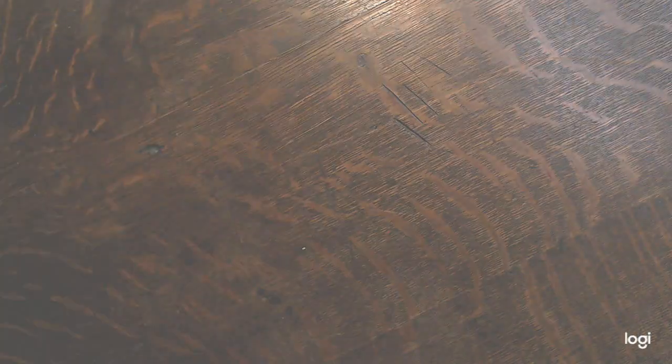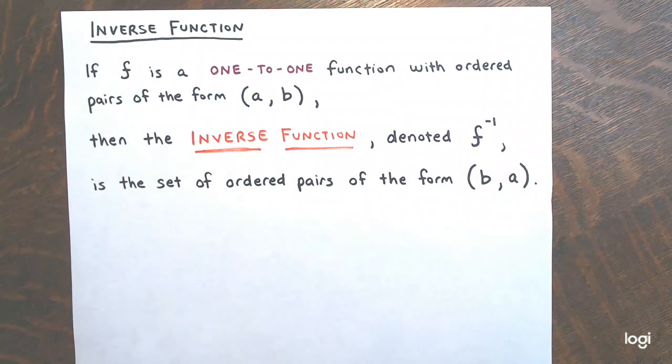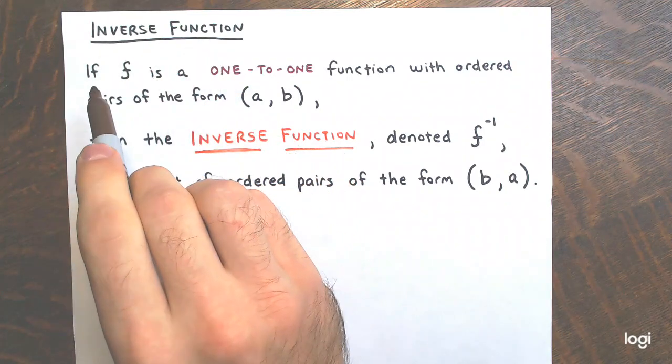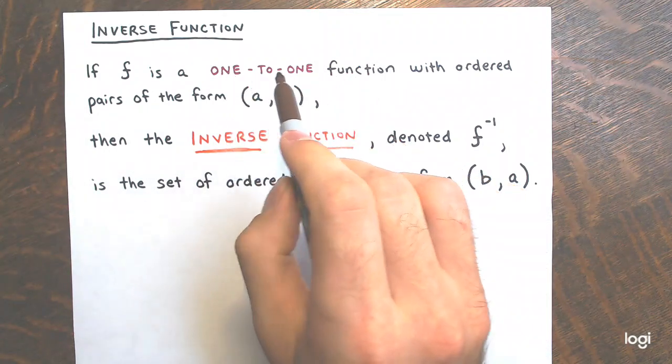On this first page, I just have the definition of inverse function already written out, and I'll make a couple of notes on this. Inverse function: if f is a one-to-one function, that's important.